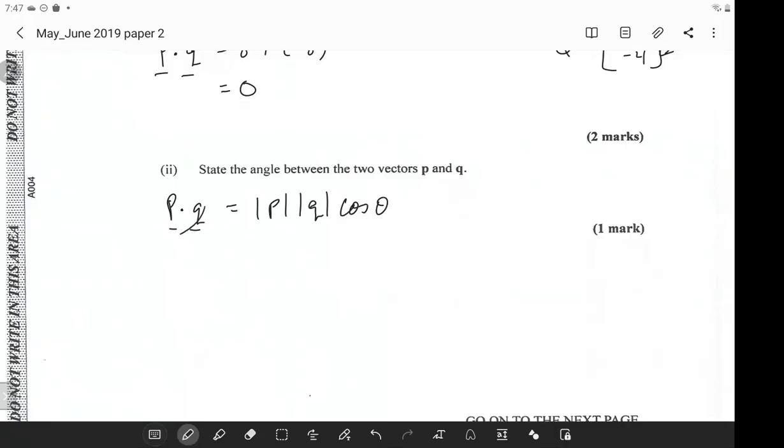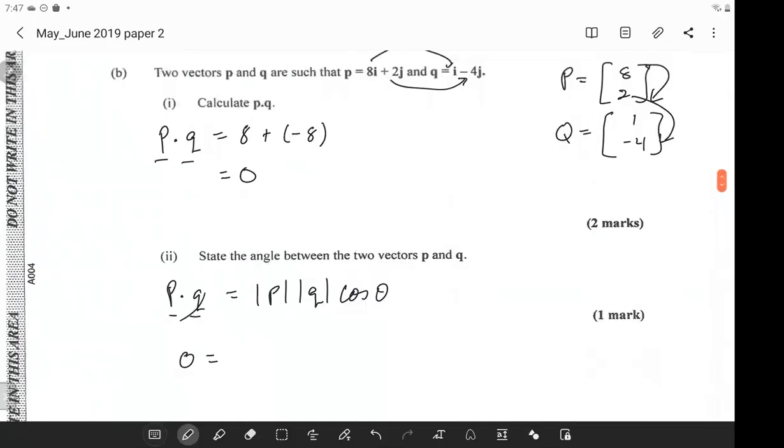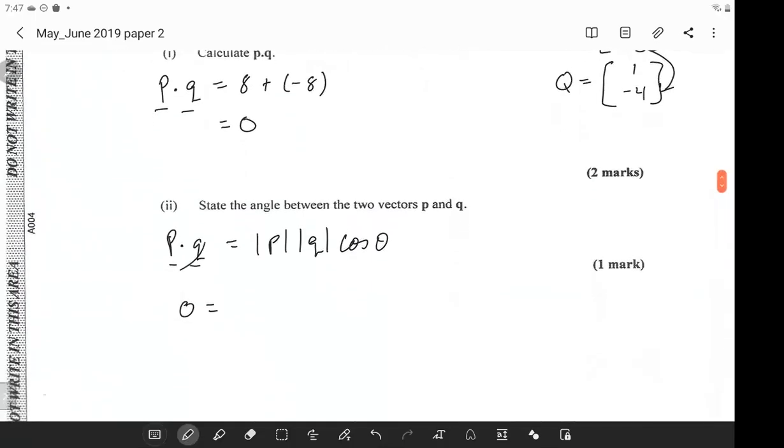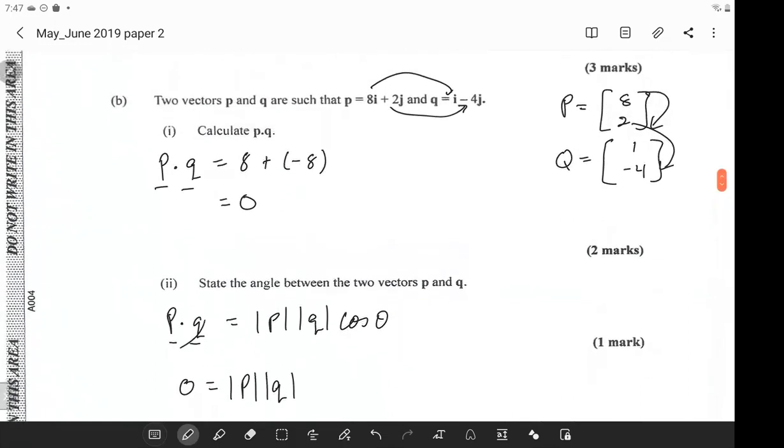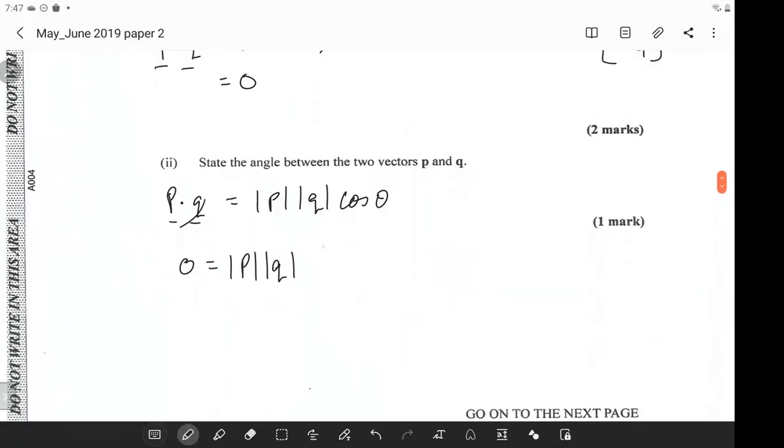And if this is 0, the length of P is not 0 because we know that it is not the 0 vector. So that is some value. Length of Q is not 0 because we know that Q is also not the 0 vector. So that means the cosine of theta is equal to 0.